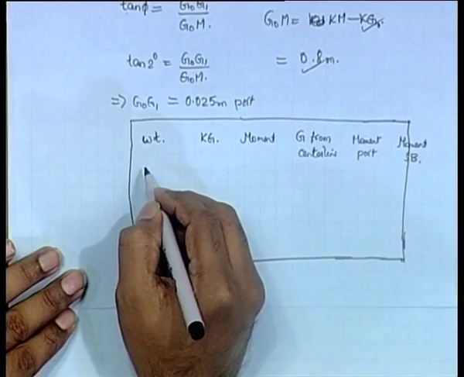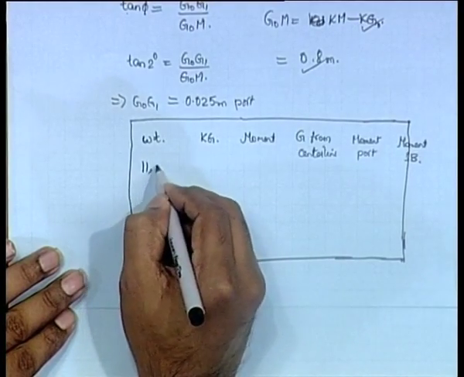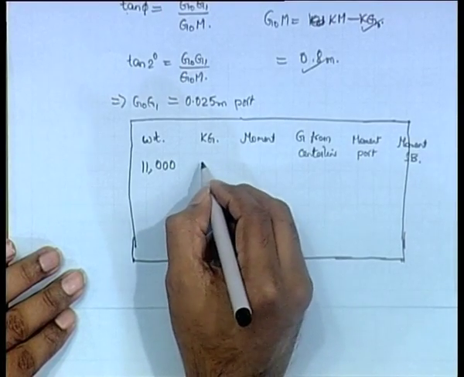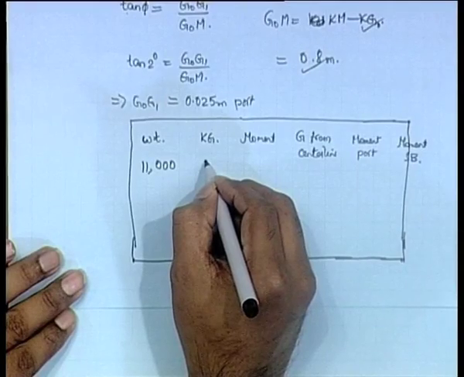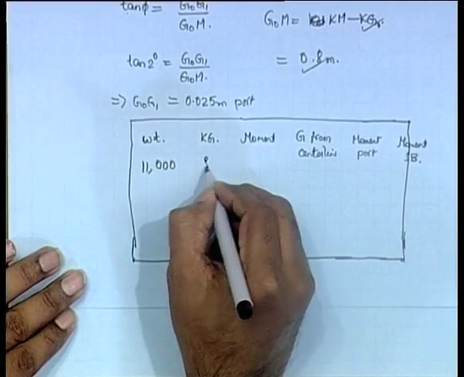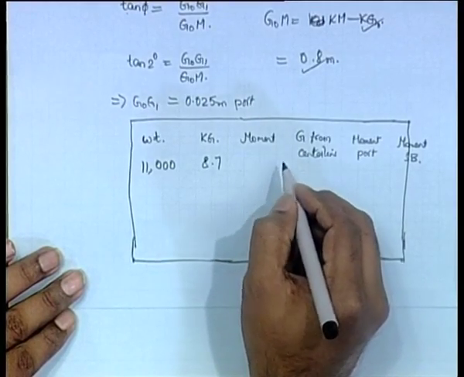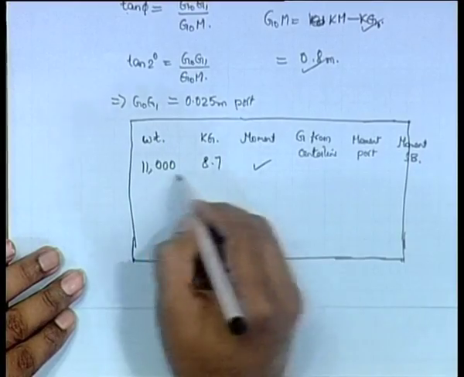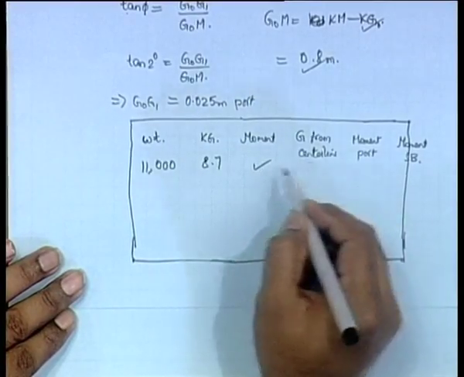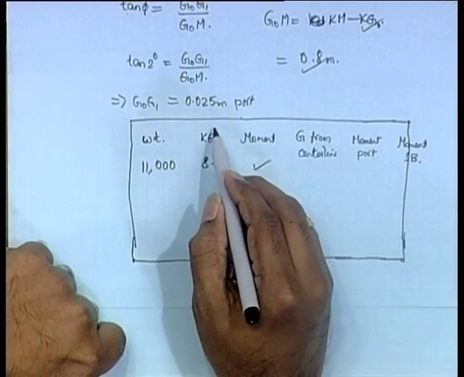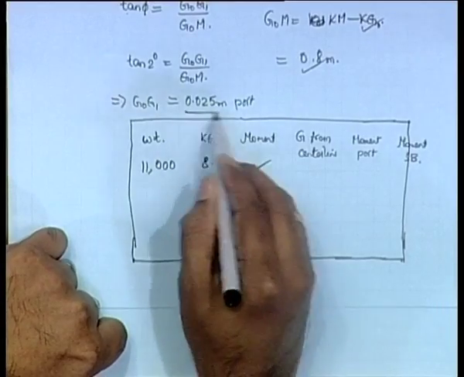First, we have the ship alone, that is 11,000, and your kg is given to be 8.7. Therefore, you find the moment. Now, we have calculated the position of this g from the center line, this distance.